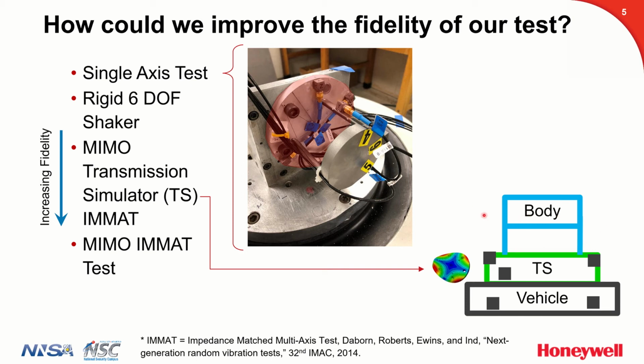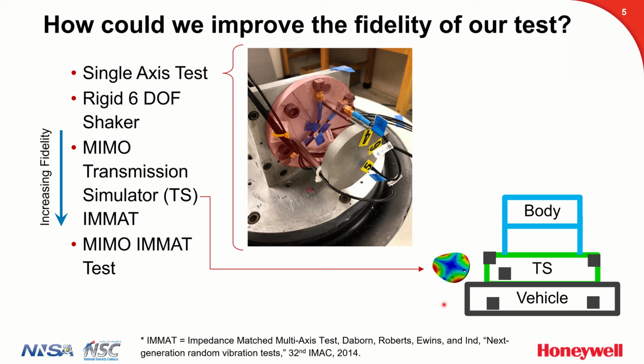There could be other forces coming in from other places. If we were lucky and this plate was rigid, then the transmission simulator would add 6 degrees of freedom. We could use a 6-axis shaker and everything would be fine. If we have some flexibility, we can add a few additional sensors, a few additional control degrees of freedom, and try to control to those as well.